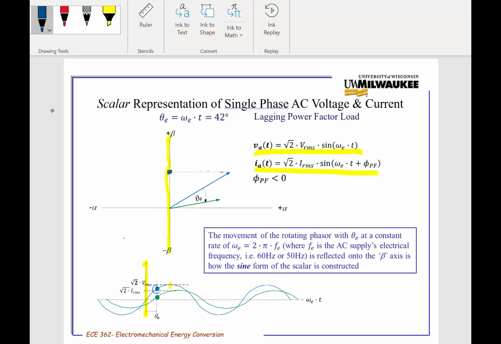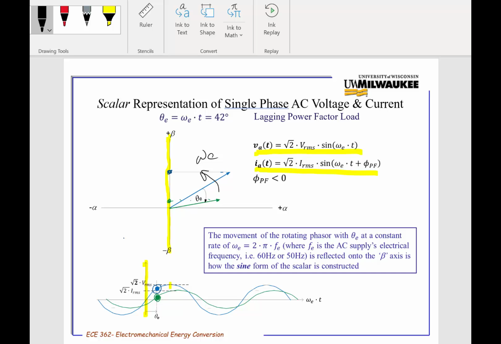That's the same as this point right here. And the current reflects onto the beta. That's the same as that point right there. And again, these things are moving at a constant rate of omega e, and you can think of crossing the beta axis.